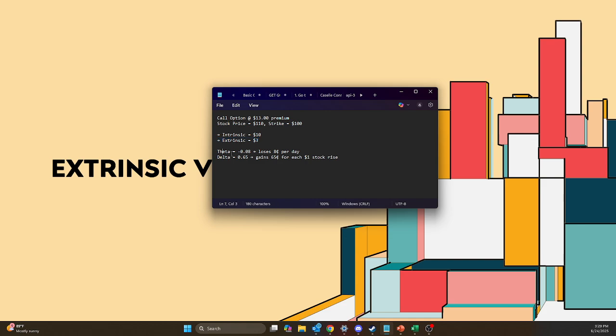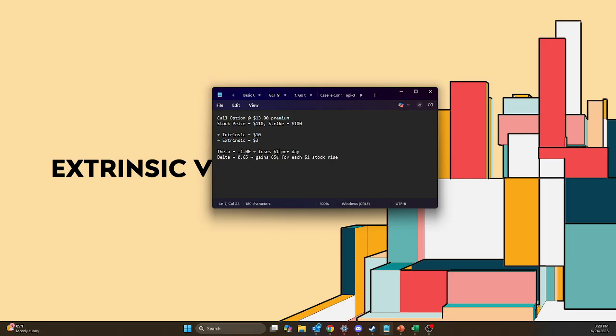Okay, so if our theta is 0.08, which means, why did I pick such dumb numbers? I'll just put 1.00. That'll be perfect.